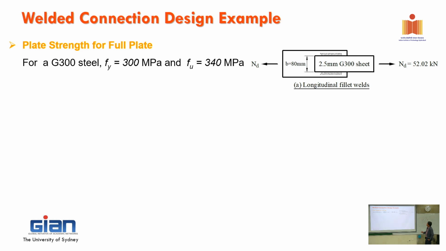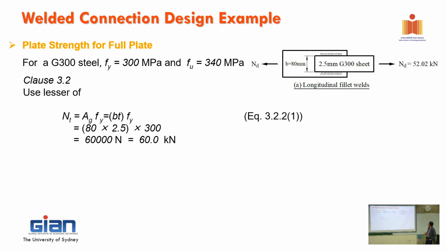First, we look at the material property. The plate here, we use normal strength plate. Then FY is 300 megapascal, FU is the ultimate strength, 340. This is typical normal strength steel.